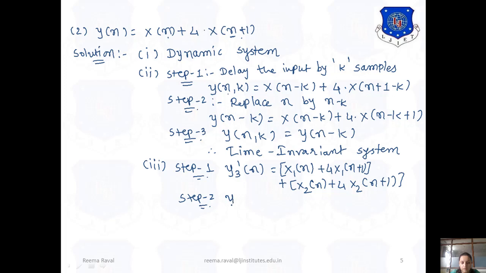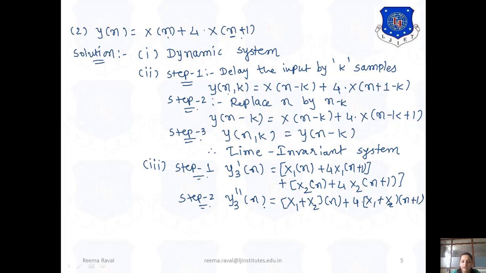Alright, step number 2, that is y3 double dash of n, in which we are going to add the input signals and then give them to the system function. So it will be x1 plus x2 of n plus 4 into x1 plus x2 of n plus 1.